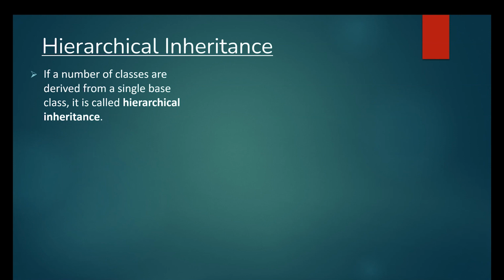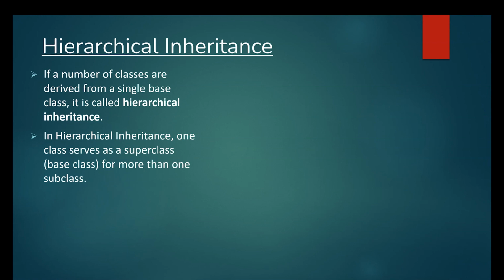Okay, so if you see the first point, if a number of classes are derived from a single base class, it is called hierarchical inheritance, right? That's the same point written here in the second point. In hierarchical inheritance, one class serves as a superclass for more than one subclass, right? So there will be one parent class, but there will be multiple child classes in hierarchical inheritance.